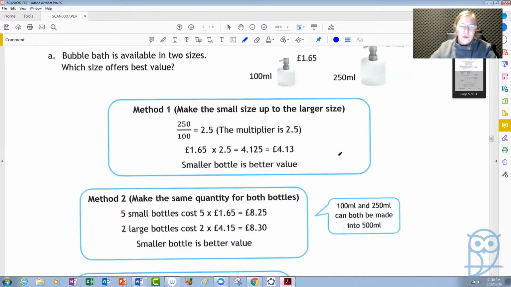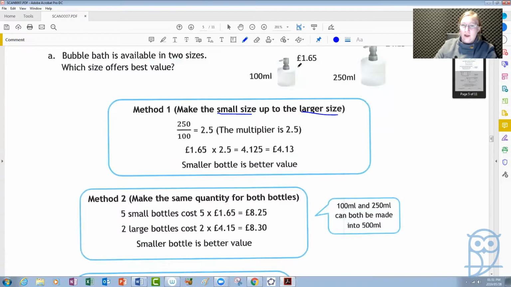The first 2 ways has to do with the quantity. So the first way is to make the smaller size up to the larger size, the quantity of the product. And the second way is to turn both into the same quantity. So here we want to get 250, so we'll have to multiply this by 2.5 in order to get the small bottle up to 250.